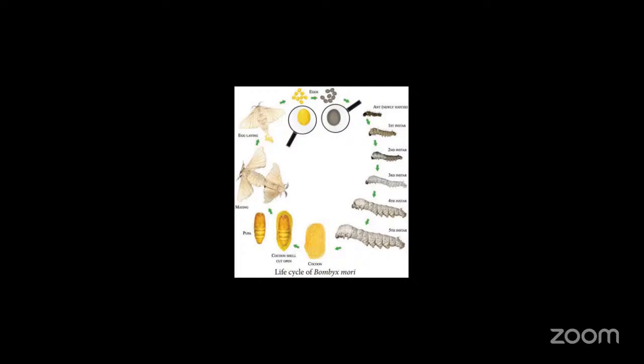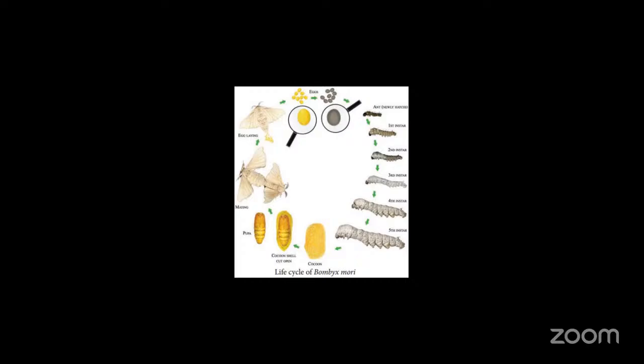The major contributing countries are China, Japan, India, Korea, Brazil, Russia, Italy and France. These are the major countries contributing to silk in the field of sericulture.